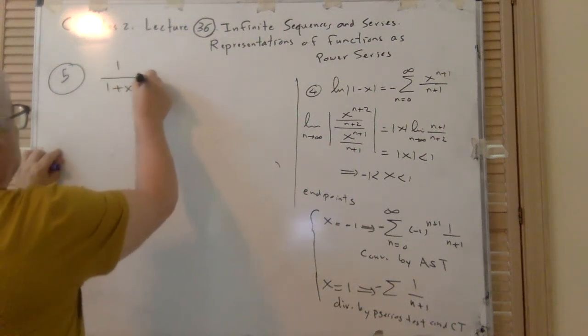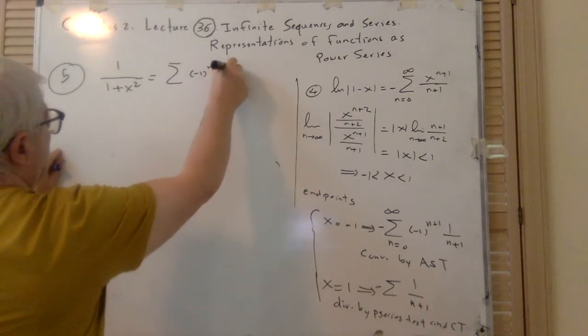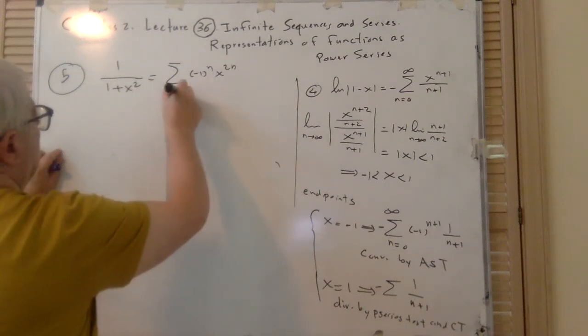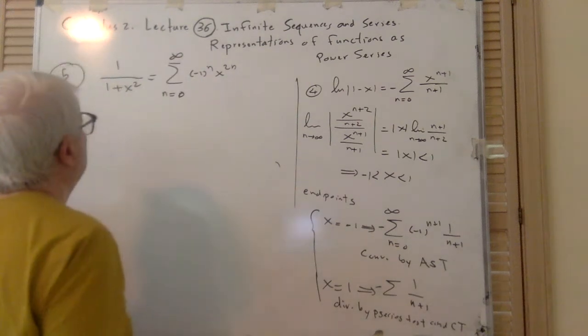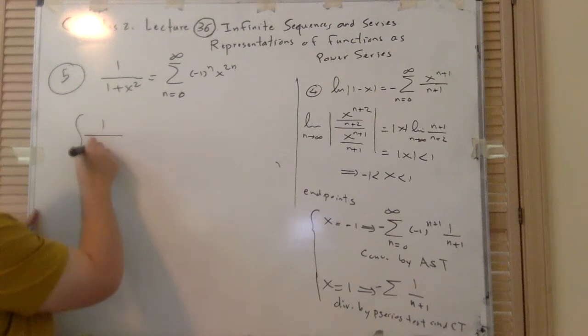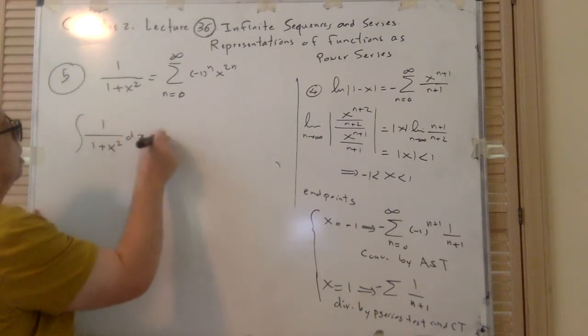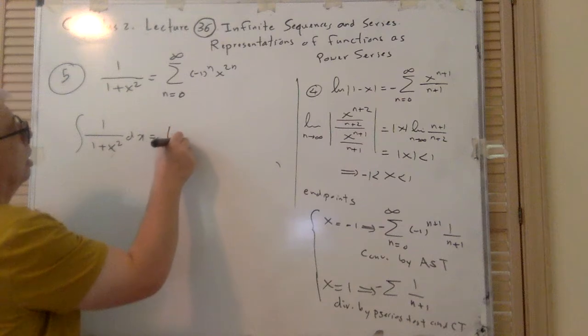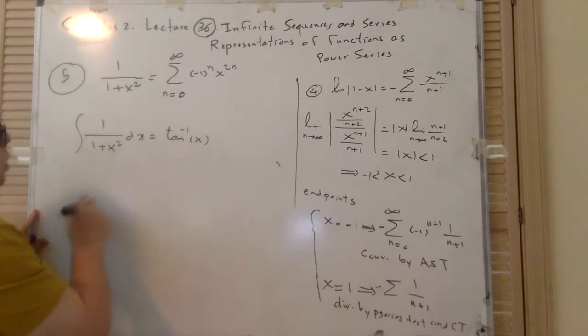What is the integral of this thing? It has a nice and famous integral. Integral of 1 over 1 plus x squared dx. And that is what? Tan inverse of x, right?